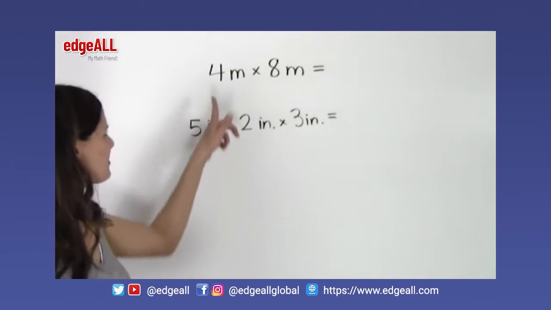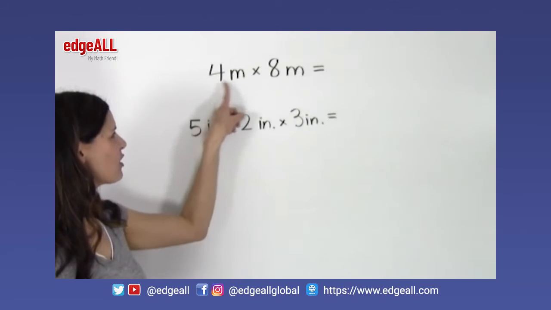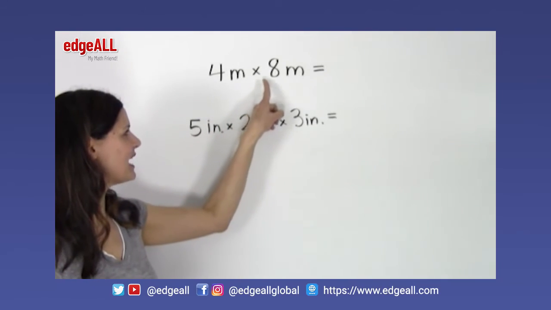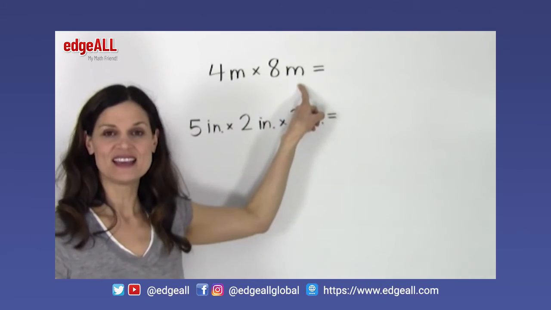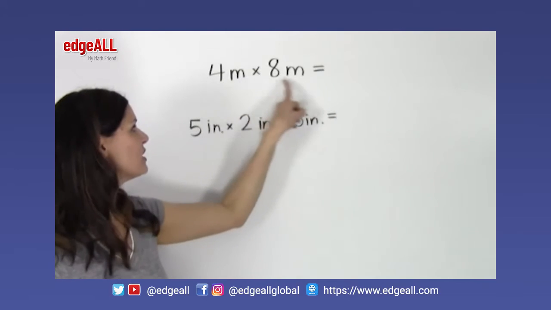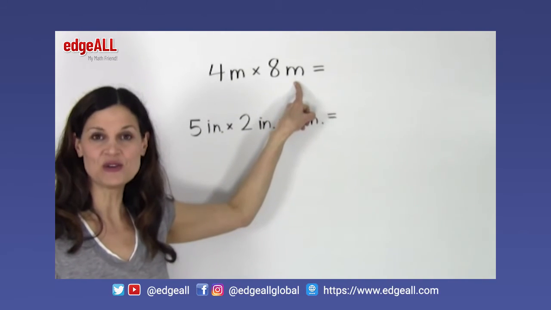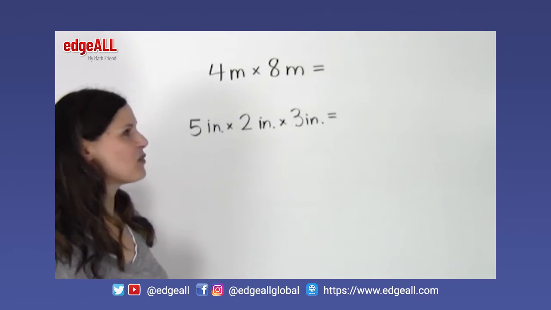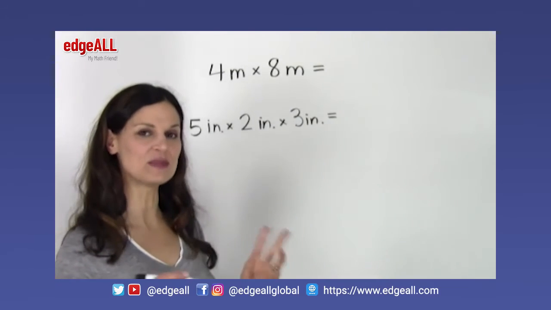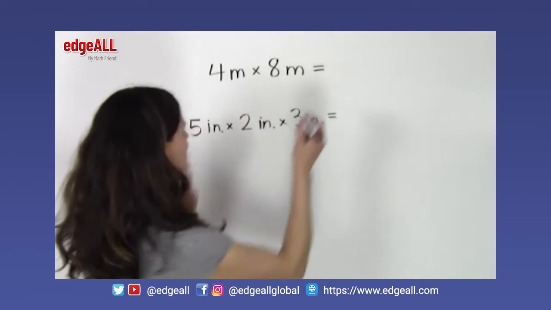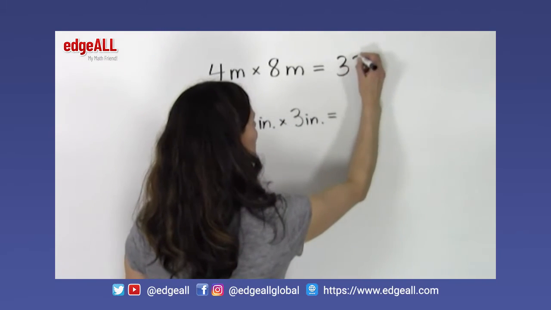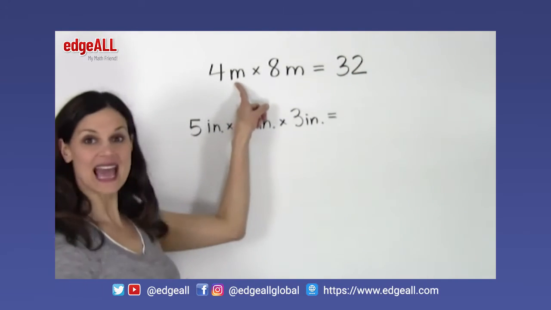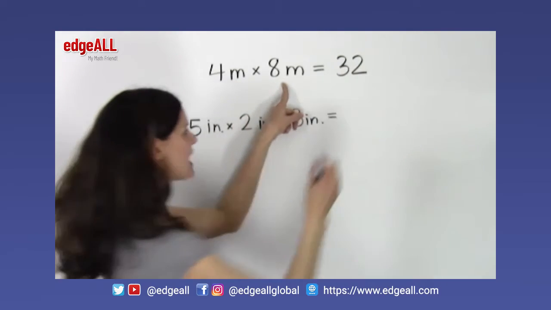So in this example here, I have 4 meters multiplied by 8 meters. So I have 2 units of measure, 2 measurements, multiplied by each other. And so what I do in this case is I multiply the numbers. So 8 times 4 equals 32. And then you can see I have this m times m.